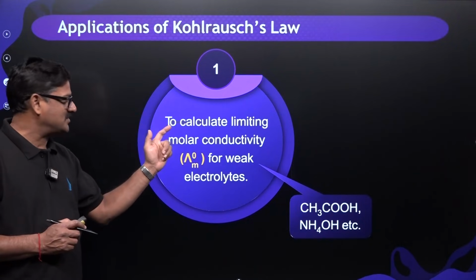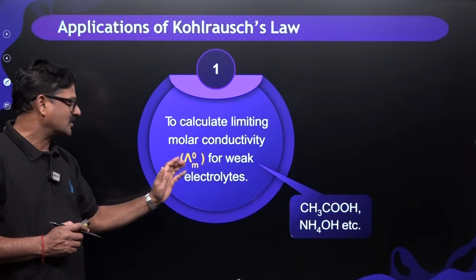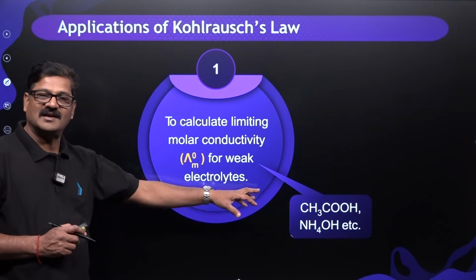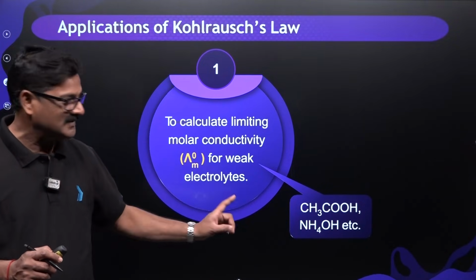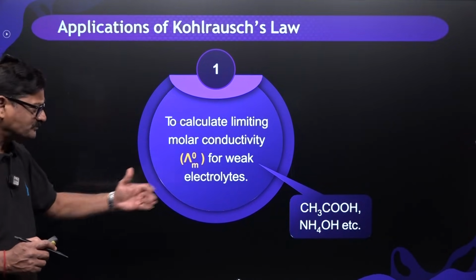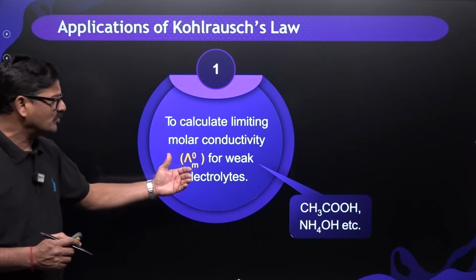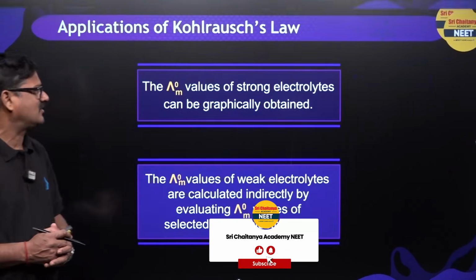The first application is to calculate the limiting molar conductivity of weak electrolytes like acetic acid and ammonium hydroxide, and we already saw a couple of things before this. Okay, we'll see how to do this with acetic acid and ammonium hydroxide.